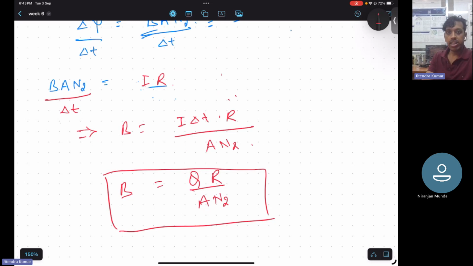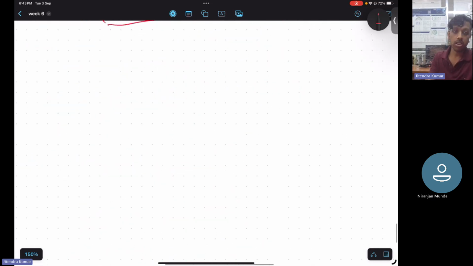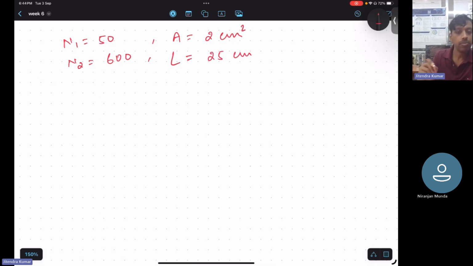So let's get back to the question, what was asked in the question. I am going to write all the parameters of the ballistic galvanometer. N1 is equal to 50, N2 is equal to 600, and the cross sectional area is 2 centimeter square, and the mean length of the core is 25 centimeter.